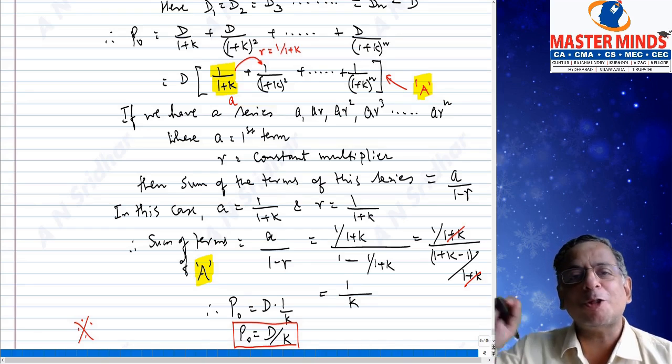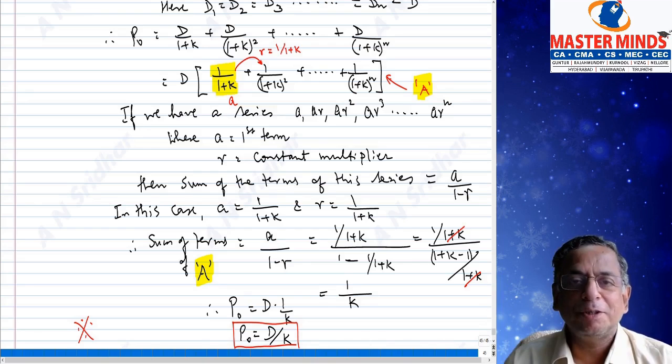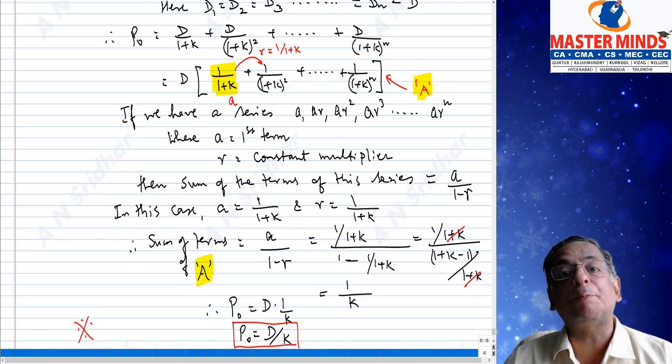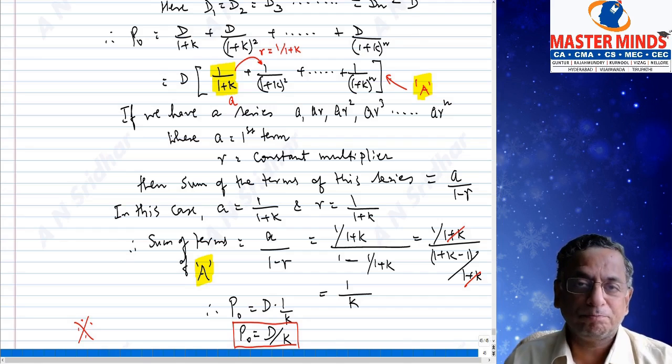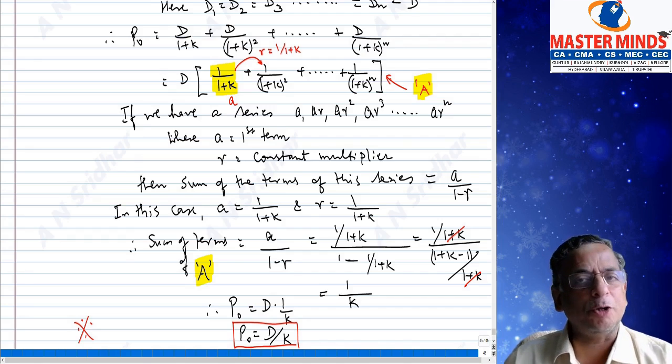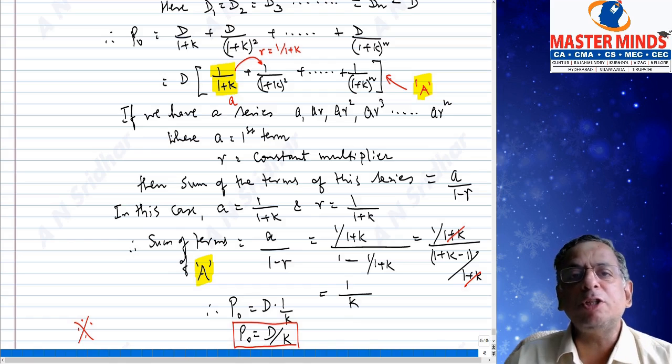I am going to pay constant dividend forever. There are some companies who believe that their main motive is to provide capital appreciation of shares rather than give dividend income. So they follow this policy. And Gordon says that we have to value these shares by using the simple formula P0 equal to D upon K.